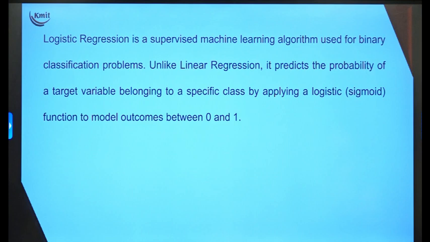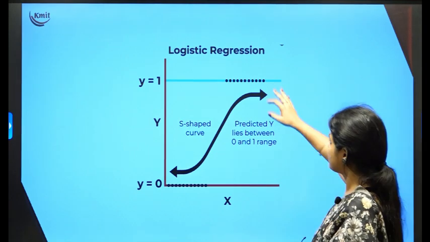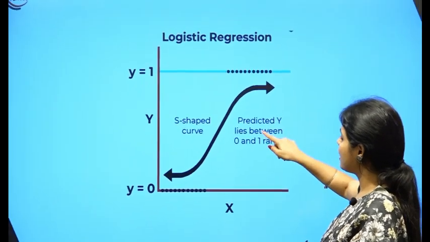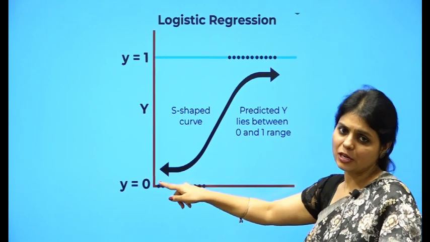Even if you have continuous values, the logistic regression algorithm will adjust them to outcomes between 0 and 1, for which we use the sigmoid curve. It puts a threshold and adjusts all the predicted values between 0 and 1, for which we get an S-shaped curve, right?